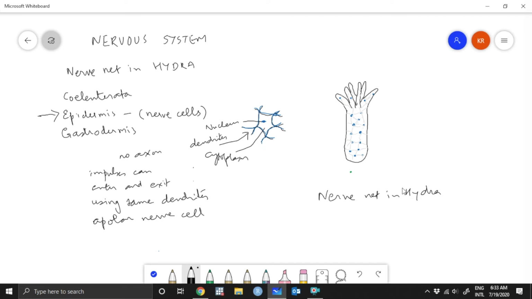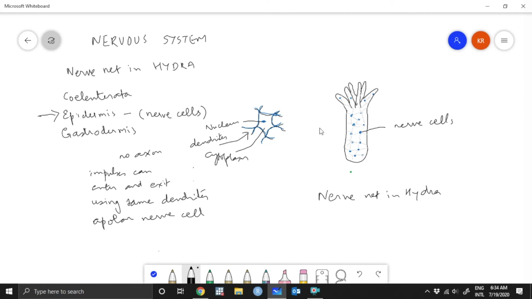Diagram showing nerve net in Hydra. And so when you show these dots, these are the nerve cells, and these are interconnected. This is showing the nerve net. It means that the entire Hydra is connected with nerves.